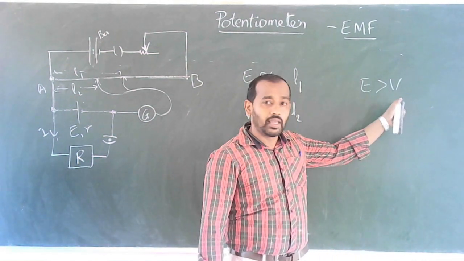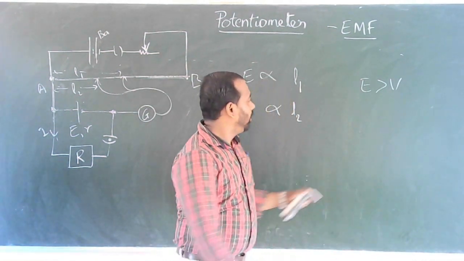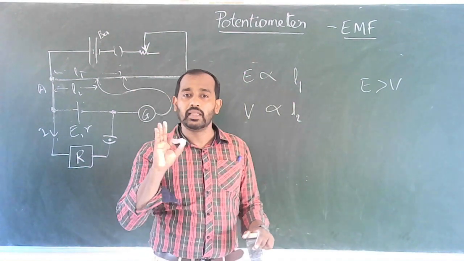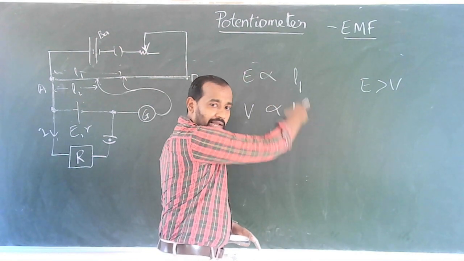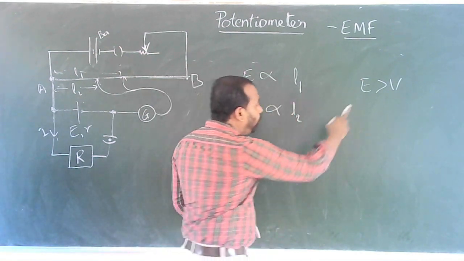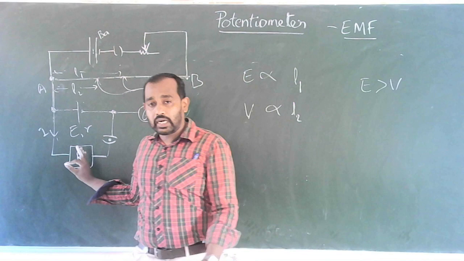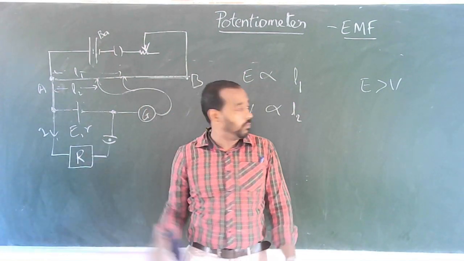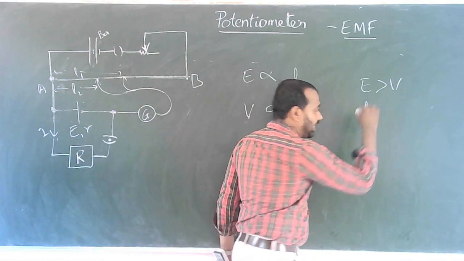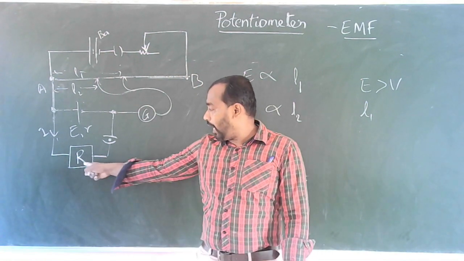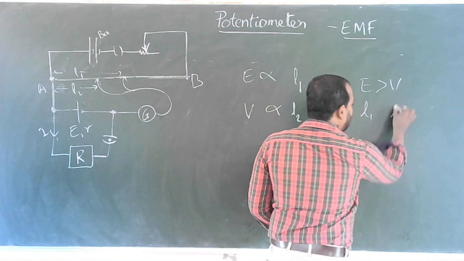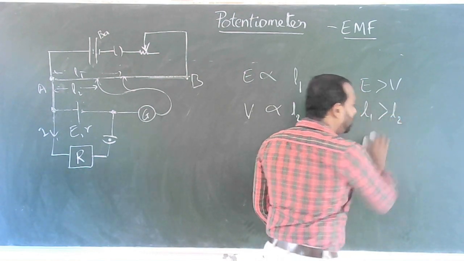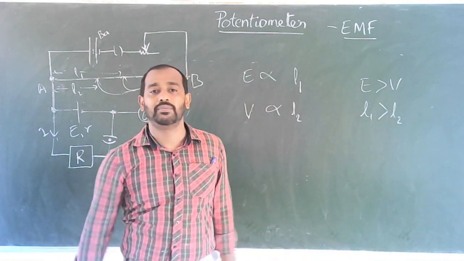So we should remember that without the external resistance R, when this key is kept open, we get the balancing length L1, and by connecting the resistance R, we get the balancing length L2. L1 should always be greater than L2.